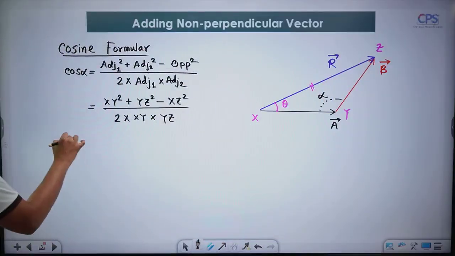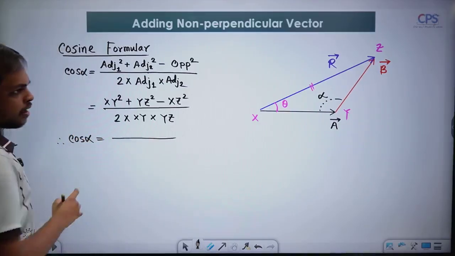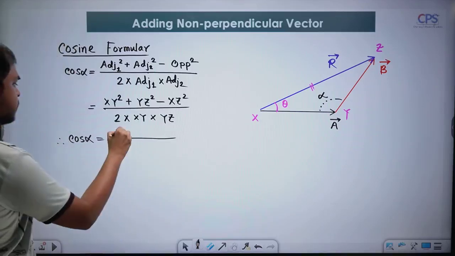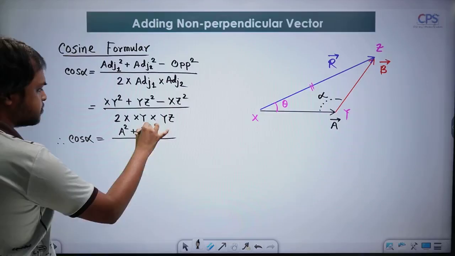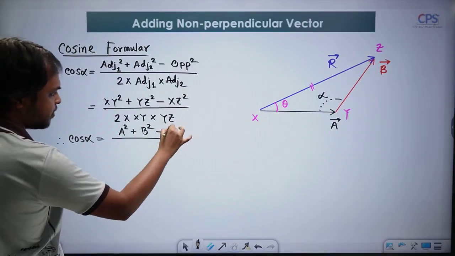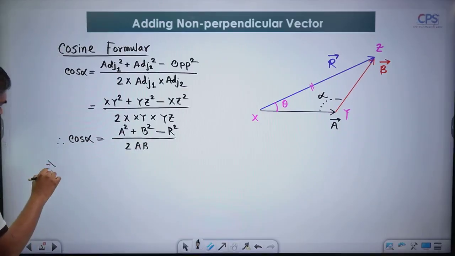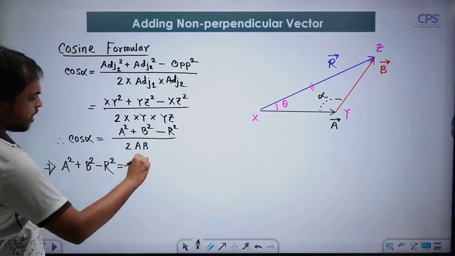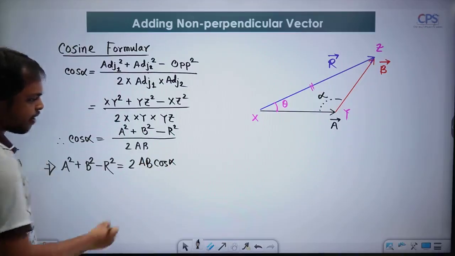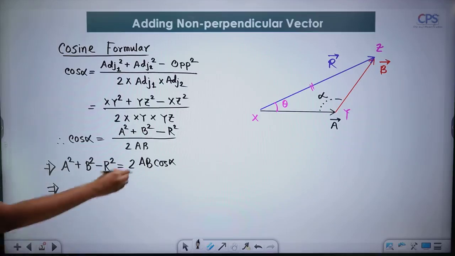So what do we get here? Cosine of alpha equals A square plus B square minus R square, divided by 2AB. If we go through the calculation, A square plus B square minus R square equals 2AB cosine of alpha.